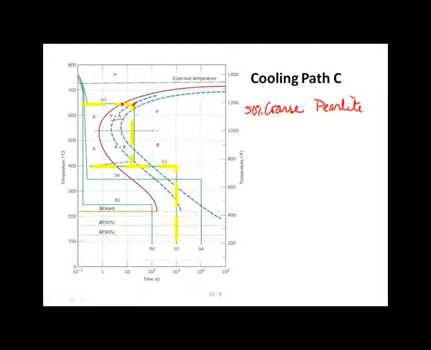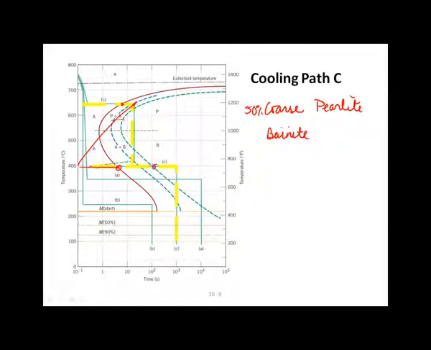So then we quench it down, which I know this is a little weird, but I tend to draw them back that way. Start over. Okay, here we hit a start line. What's forming now? So our 50% austenite is starting to transform to bainite. Does it finish?